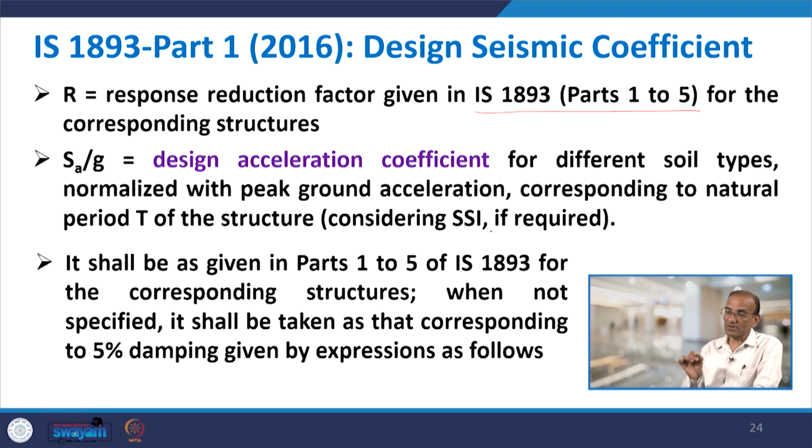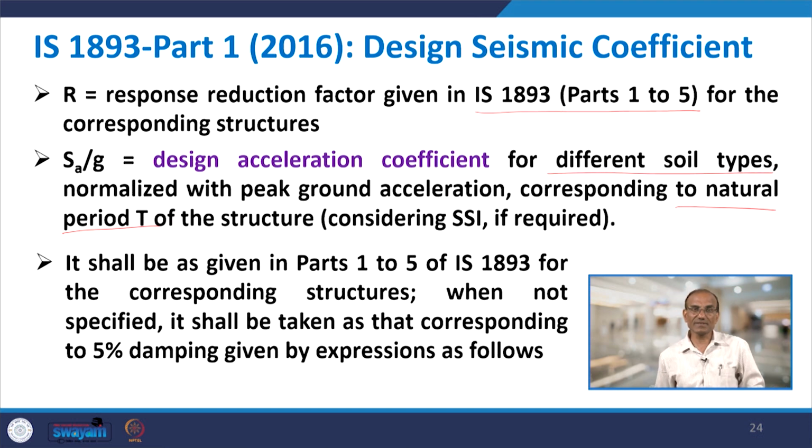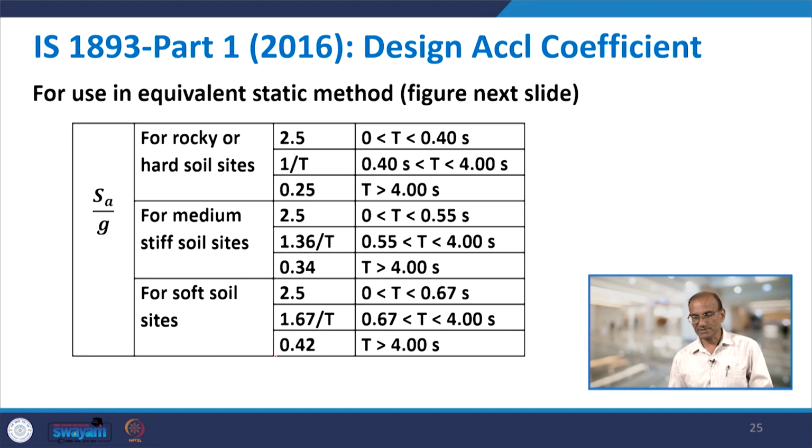It depends on 2 factors: the natural period T, and the type of soil. It shall be taken as given in parts 1 to 5 of IS 1893 for the corresponding structures. When not specified, it shall be taken as corresponding to 5% damping, given by the following expressions.